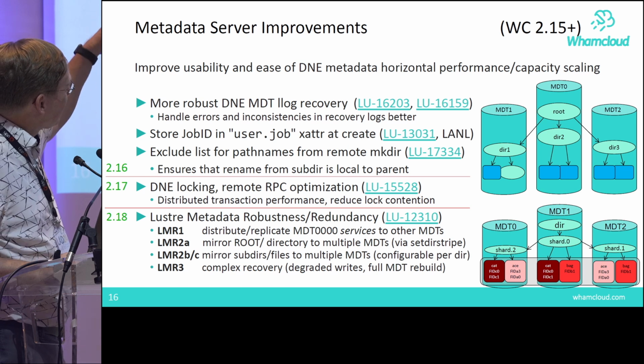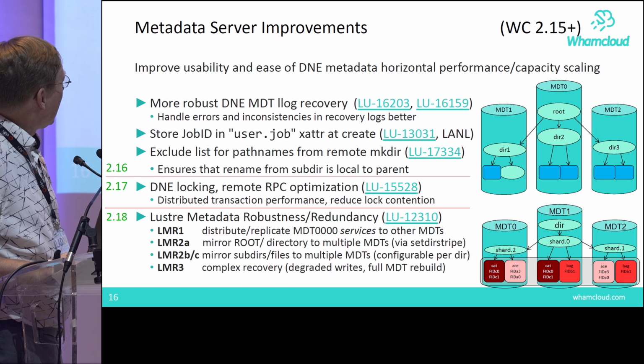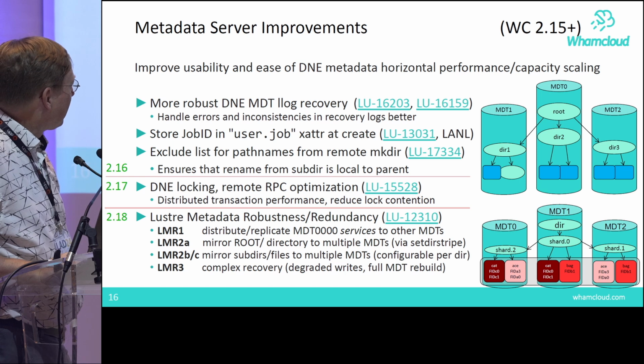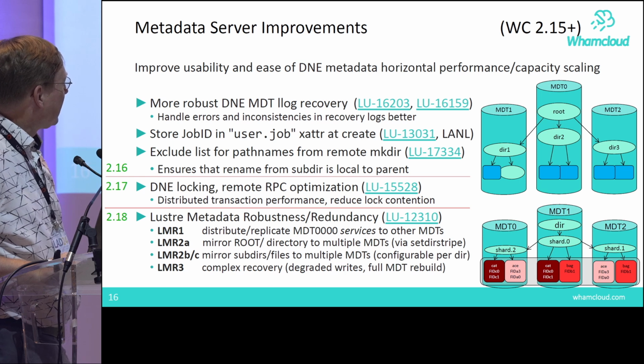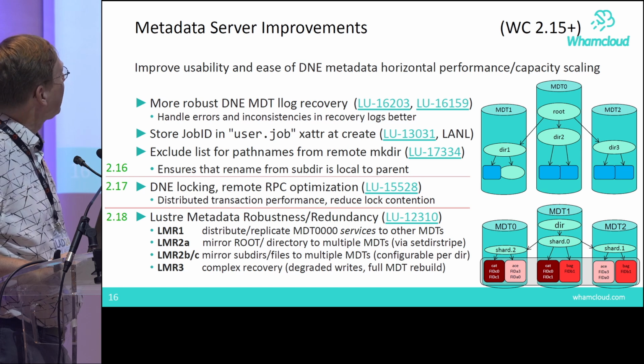I mentioned some of these: exclude list for the remote mkdir, the user job. There's a number of improvements in performance and contention in scaled directories, and I think the most interesting one, and I'll have a separate slide, is the metadata robustness, LMR, to try and make MDT0 less critical to the operation of the file system.